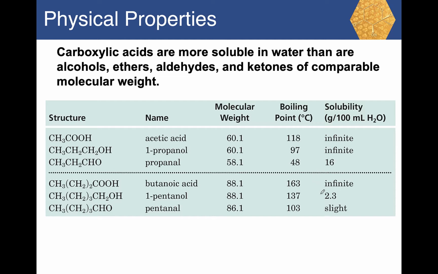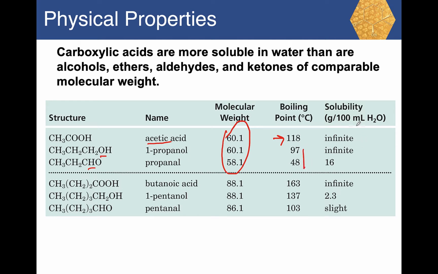So let's look at this table here. Notice that this is a carboxylic acid, acetic acid. Here's an alcohol, and here's an aldehyde. All have around the same molecular weight, but look at the carboxylic acid. The boiling point is 118 degrees C, whereas the others are far less.